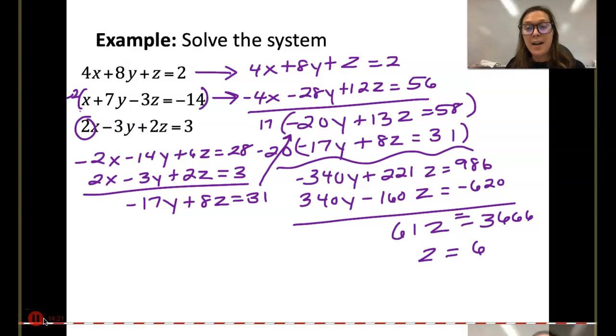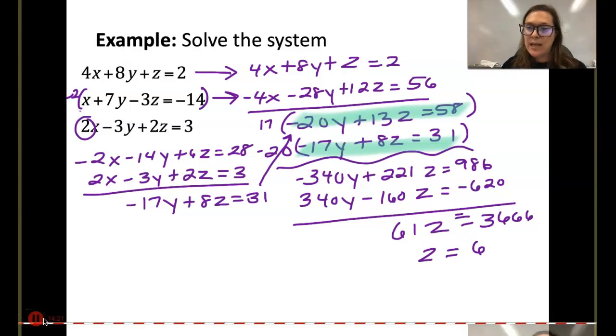All right, so now where do we go from there? Well, we have one variable, so let's go back to where I had two variable equations, there and there. Which one looks nicer? I don't know. They both look pretty rough to me. I'm going to go into the second one.